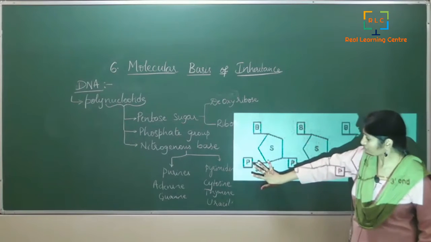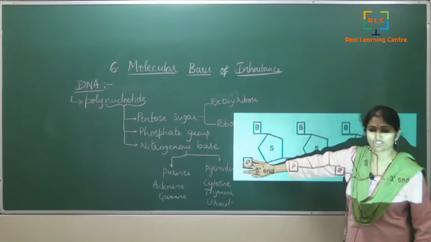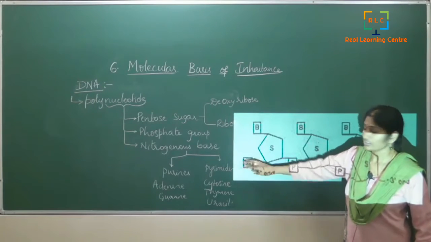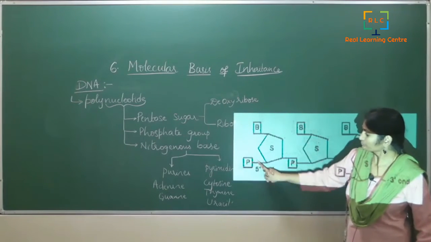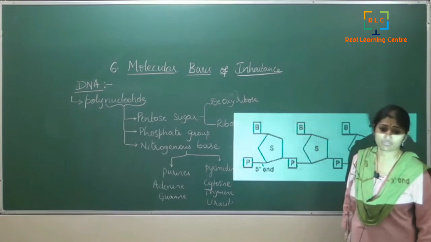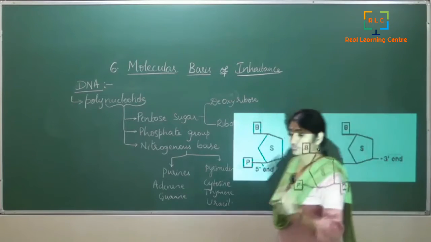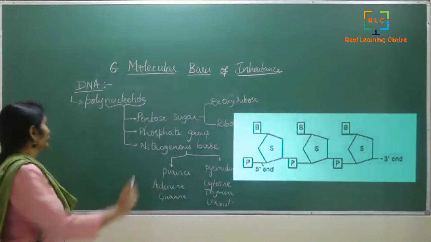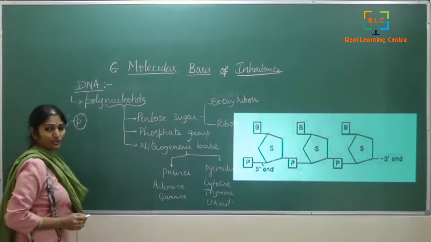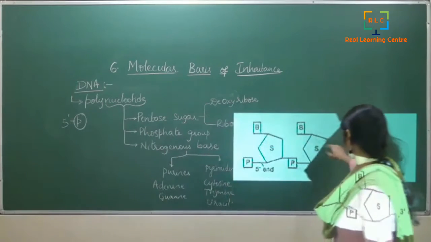So at this 5th carbon, you see that it is ending here. The DNA polynucleotide chain ends here, and this position where you have only a free 5th carbon atom free, you call that the 5' phosphate. What do we call that? We call that the 5' phosphate group.